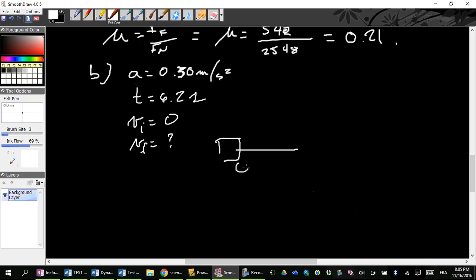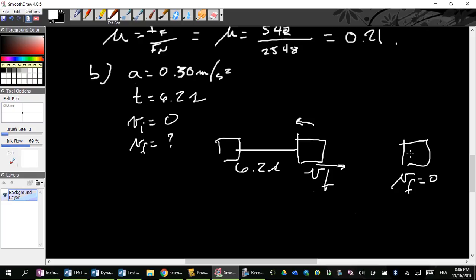They're pushing it for 6.2 sec with that acceleration. We want to find VF here so that when they stop pushing it, friction is going to decelerate it, and now the new VF here will be 0. Okay, so this is what we want to do.